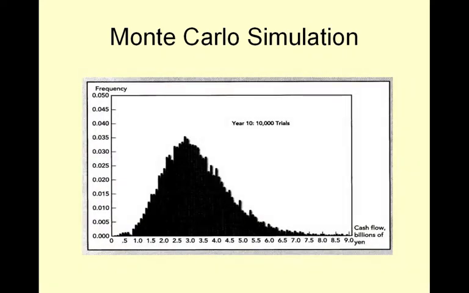Here's one of the results or outputs of Monte Carlo simulation. This graph shows the probability distribution of cash flow in year 10 of our motor scooter project. You could also get the probability distribution for the net present value of the project overall.